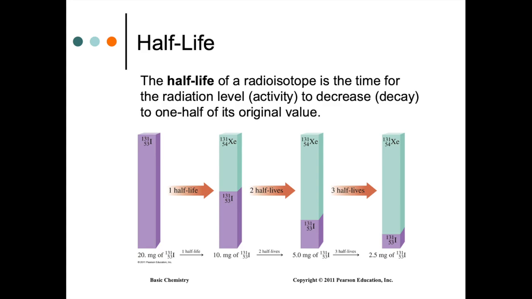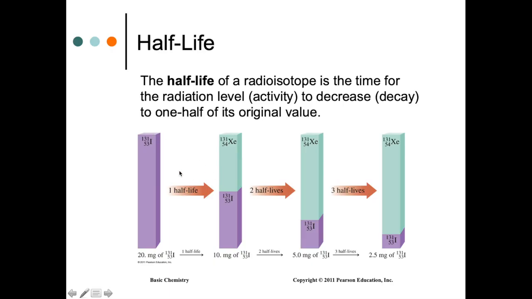All right, so what do I mean by this? So let's say you have 20 milligrams of iodine-131. If you wait for a certain amount of time, you'll eventually have that decay down to 10 milligrams. Now, this time is called a half-life, right? Because it goes down from 20 down to 10 milligrams.